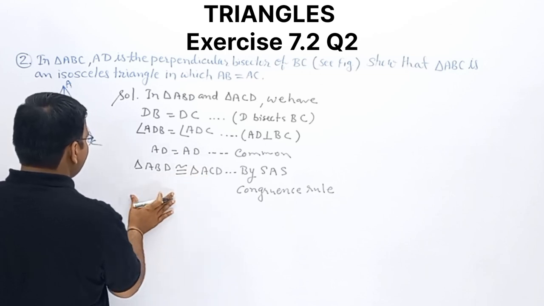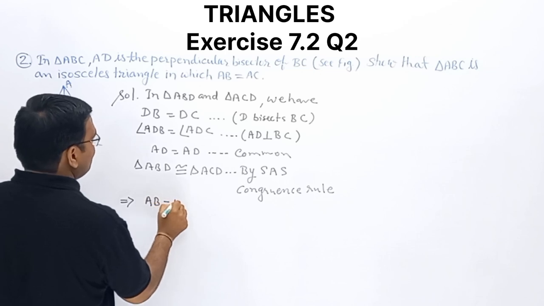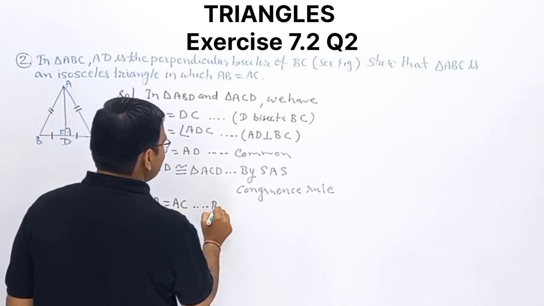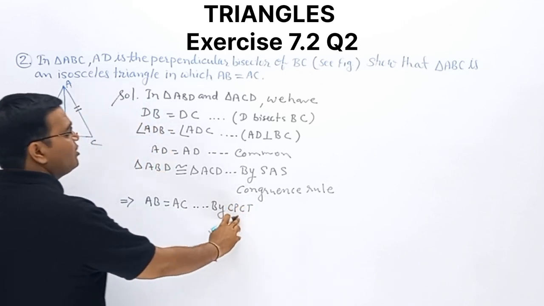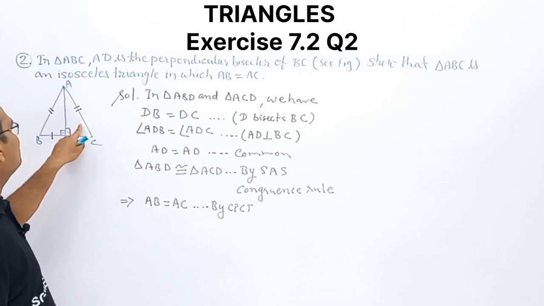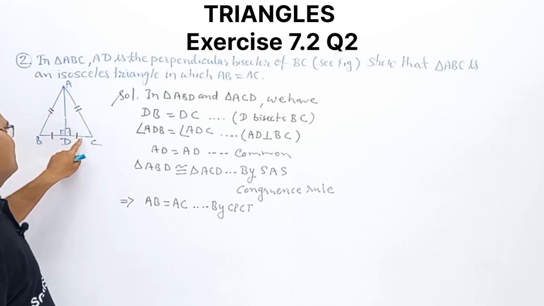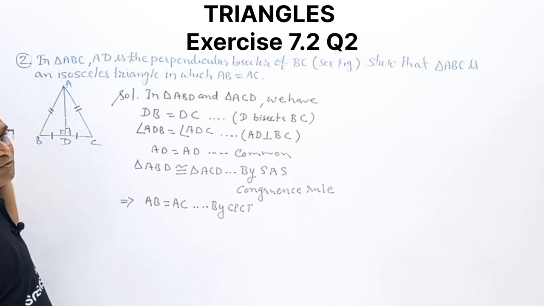So what we can say, AB equals AC. Why? By CPCT, corresponding parts of congruent triangles. These two triangles are congruent, so corresponding parts mean this side equals this one, this is common, and this angle equals this one.